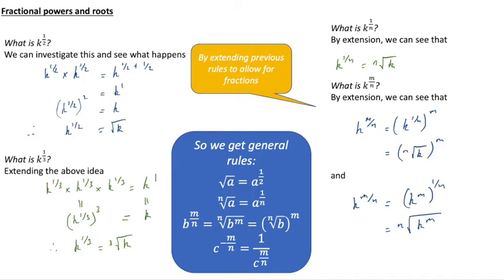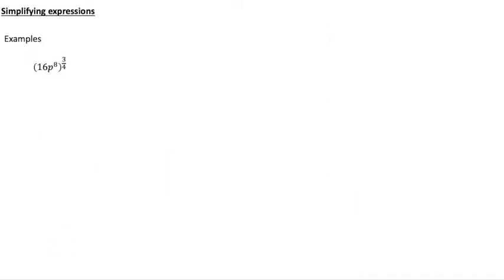And the reason we can now say that is that we've successfully extended our rules to fractions, and therefore we can apply them to that rule as well. Okay, now that's all very sort of abstract, but you had come across that before and used them, so hopefully it's not too much of a shock.